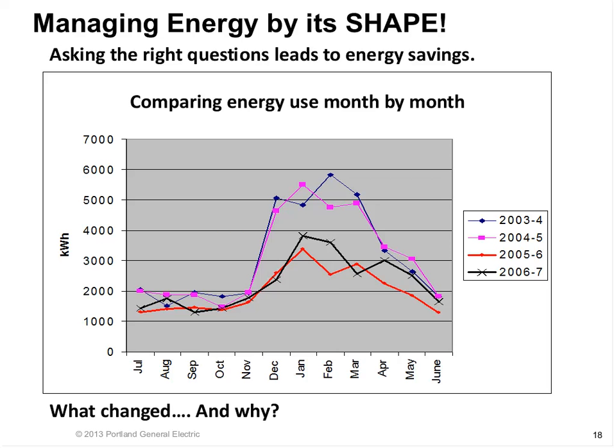In the Northwest here, we're a winter peaker, so I put the winter in the middle of the chart instead of January through December. Most customers have a peak in the winter months. And I charted 4 years, and you can see here that there are 2 winters at the top that are very high use and 2 winters down here that are very low.